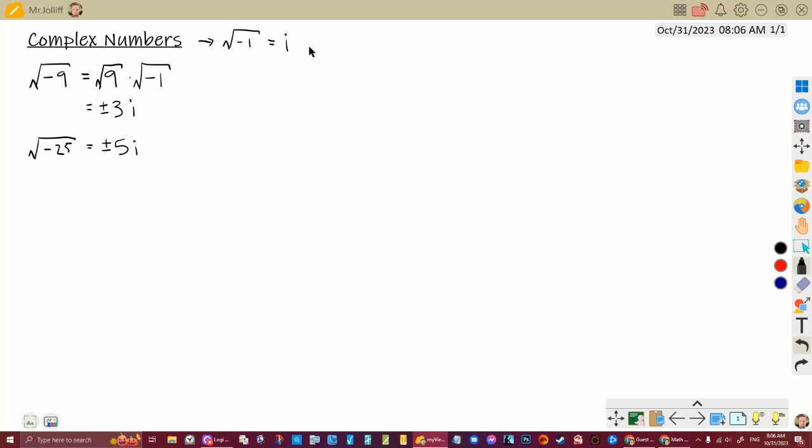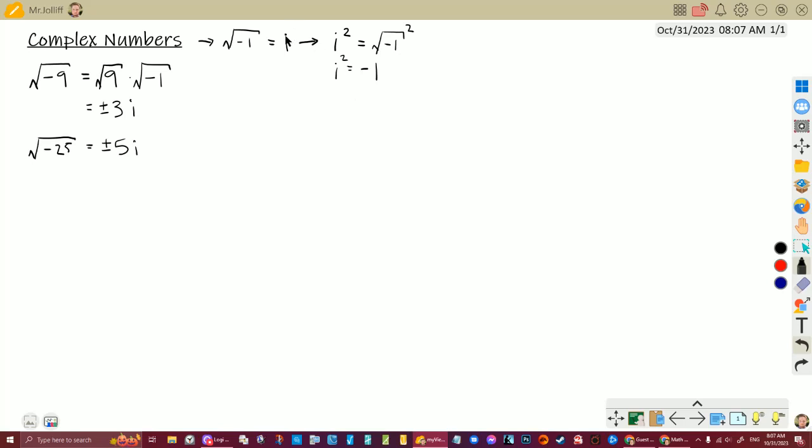Because i is the square root of -1, if I take i and I square it, I get the square root of -1 squared. And we know that squares and square roots undo each other. So i squared is actually equal to -1.